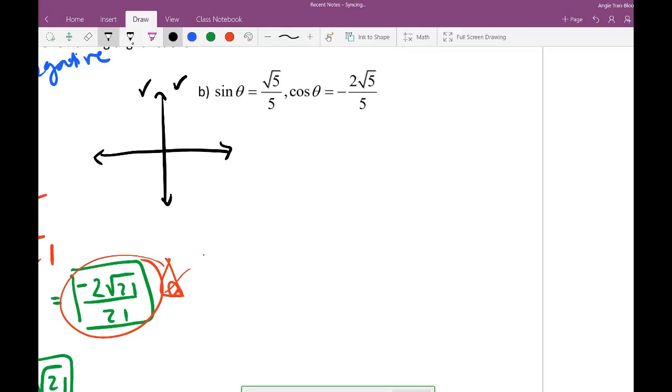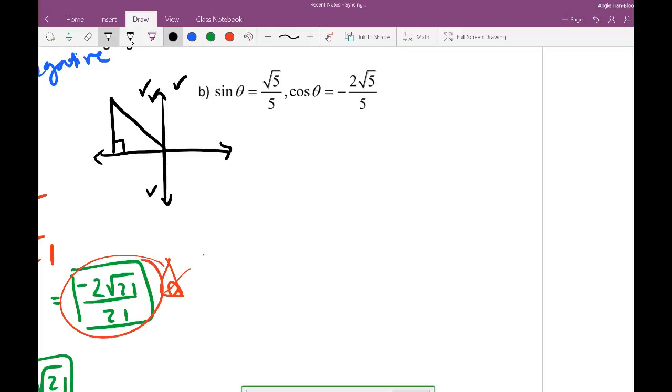Cosine for the letter B is negative. What 2 quads is that? 2 and 3. Where do they meet up? The party is going to be in quadrant number 2. Party over here. Hey, can I fill out this triangle? Yes. Great.